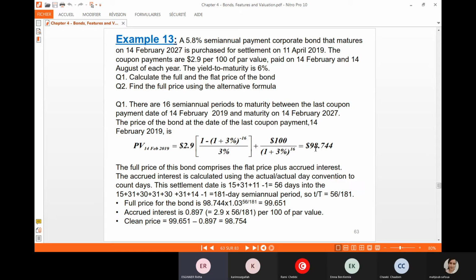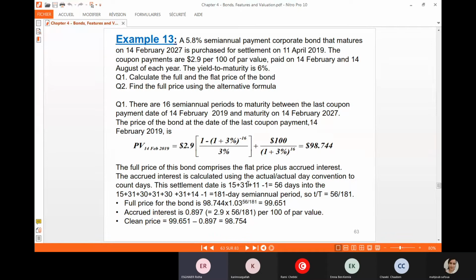Then we need to compute the number of days between the previous coupon payment date, which is February 14, 2019, and the desired date, April 11, 2019. Simply, we have 56 days exactly. From February 14, the remaining number of days during February is 15 days.